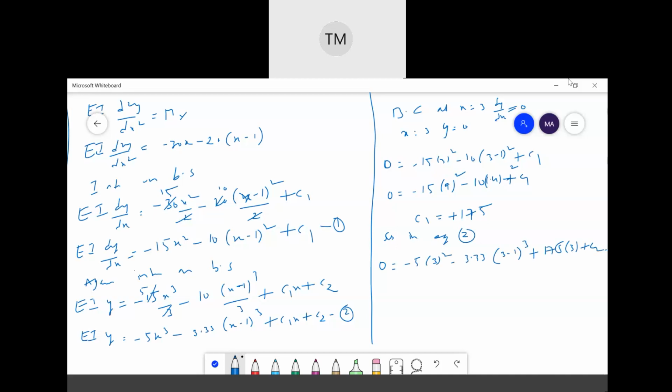Okay, then the value of C2 is, when you simplify this one, simplify more: 0 is equal to minus 5 into 9. Okay, it is cube.